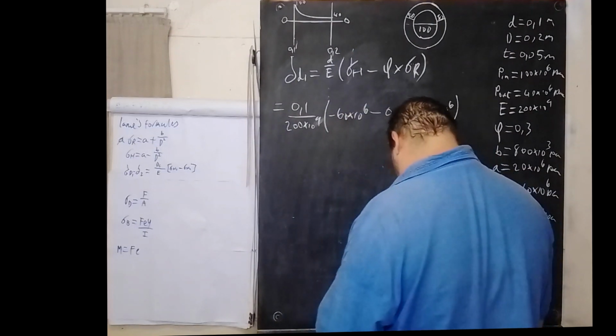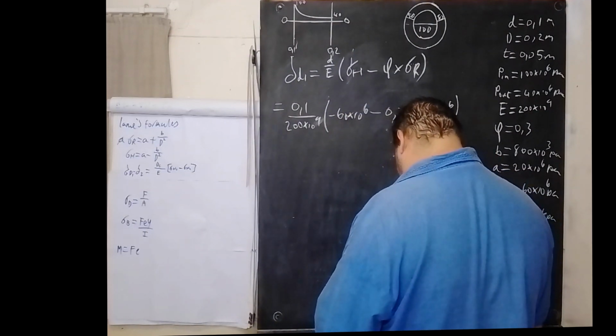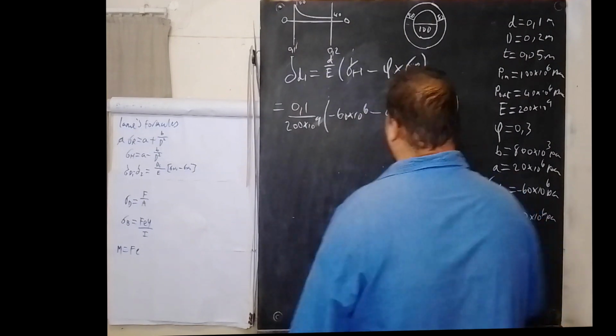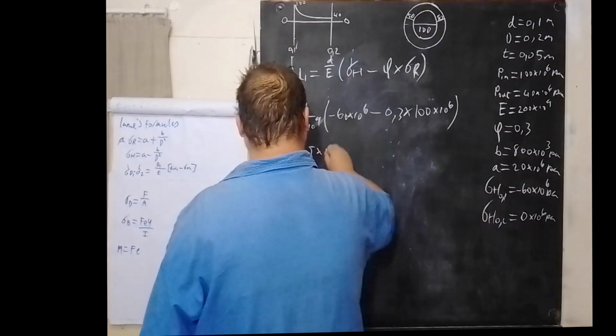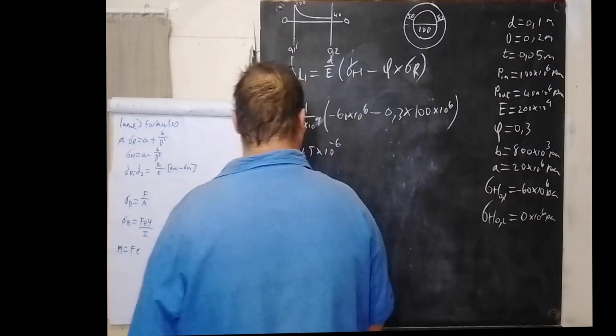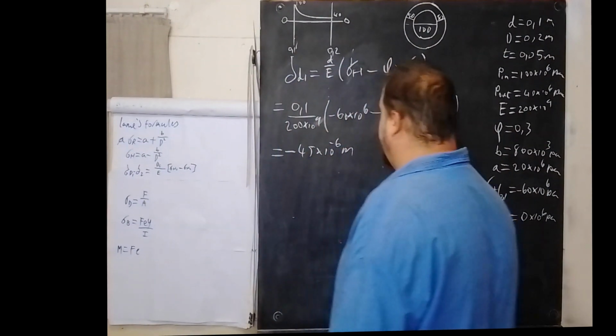And that all equals minus 45 times 10 to the minus 6 meters.